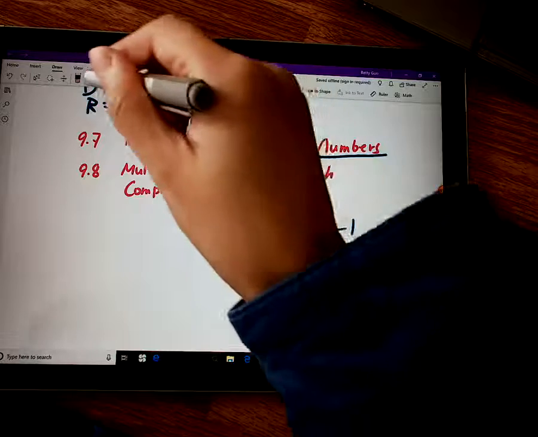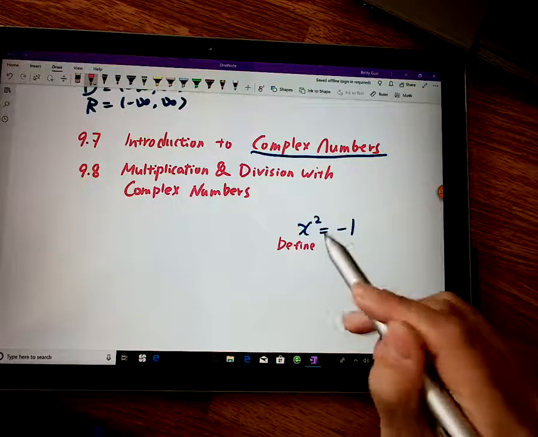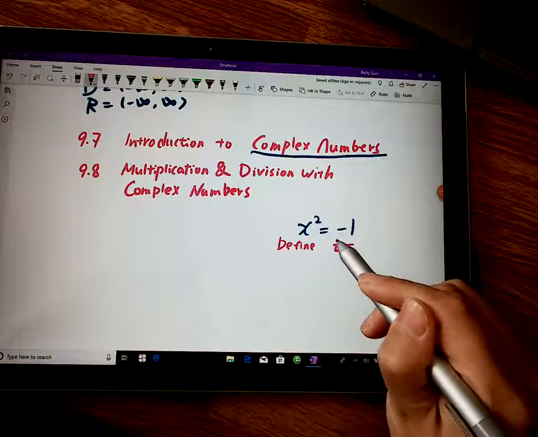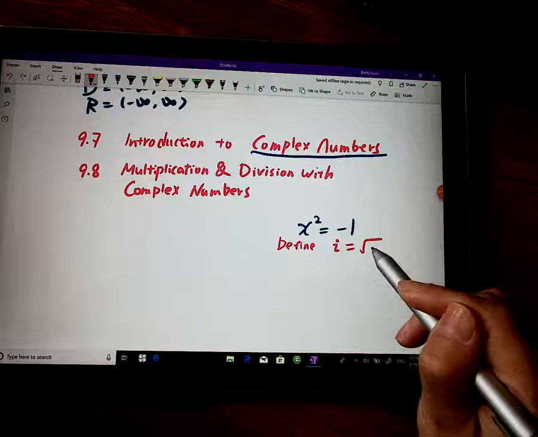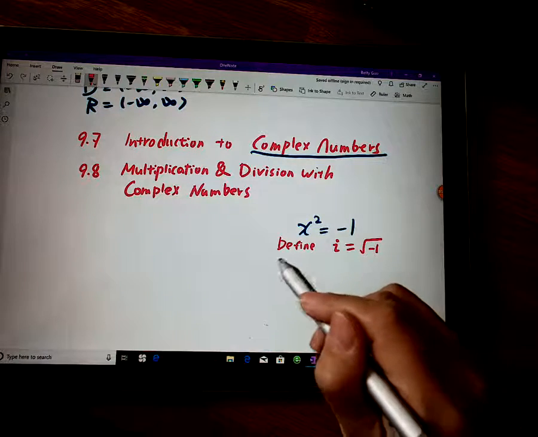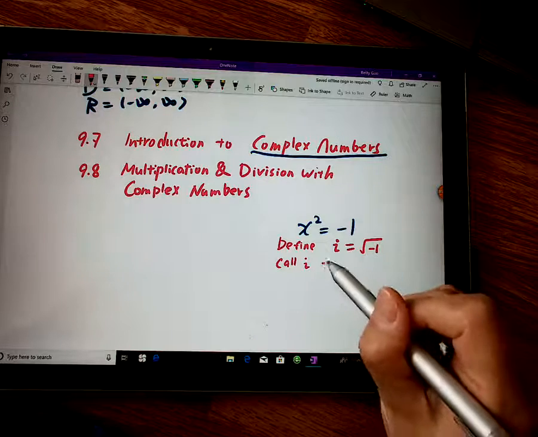They define i equals the principal square root of -1, and call i the imaginary unit.